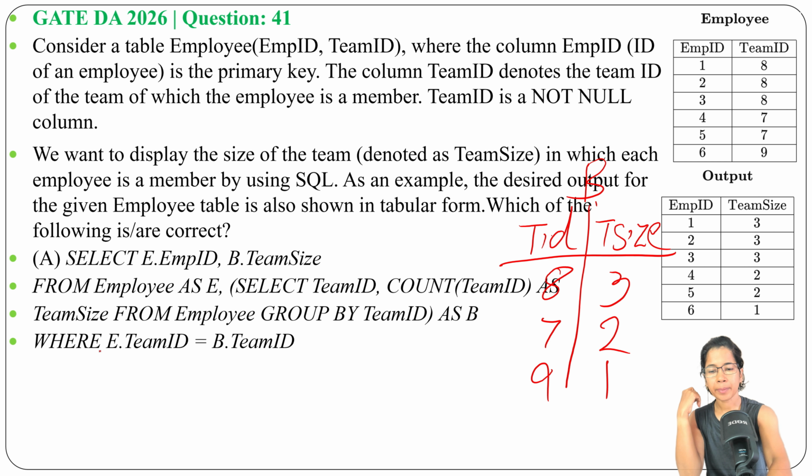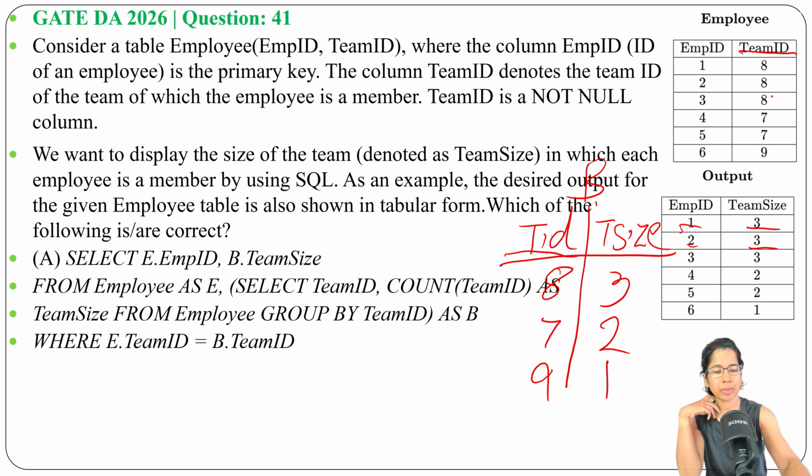Next, we need to compare E.team ID with B.team ID. So this team ID will compare with this team ID. If it matches, we'll write the team size. Now for employee 1, team ID is 8, team size is 3. For 2, team ID will match, it will be 3.